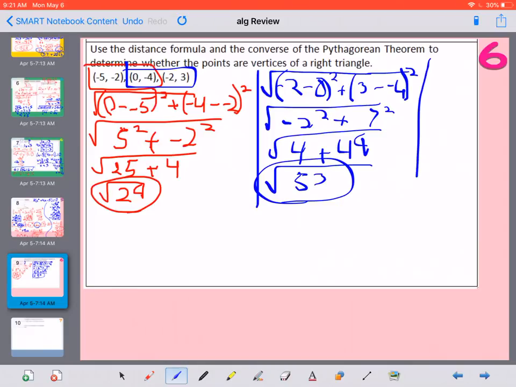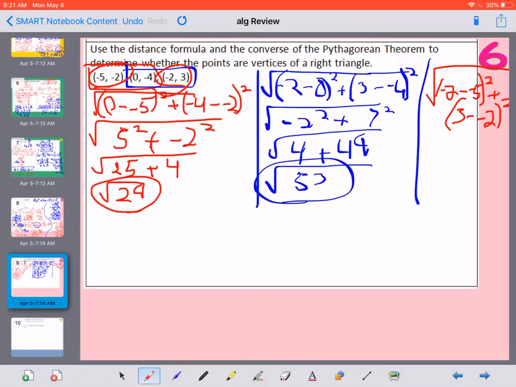So then we finally get our last one, which is negative 5, negative 2, and negative 2, 3. So we'll have negative 2 minus a negative 5 squared plus 3 minus a negative 2 squared.